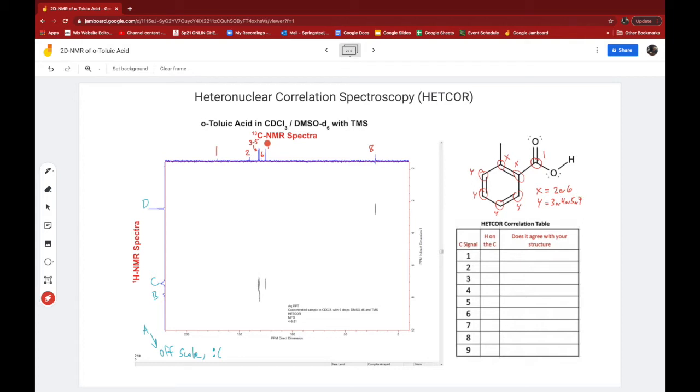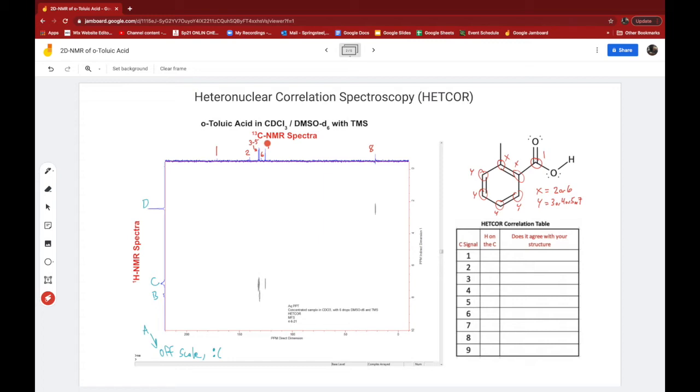And finally, signal 8's an easy one. Oh, sorry, I clicked the wrong thing on my iPad. That's what I want. Zoom in on that. Signal 8's an easy one. That's the methyl out there.